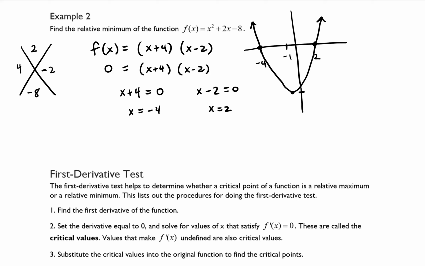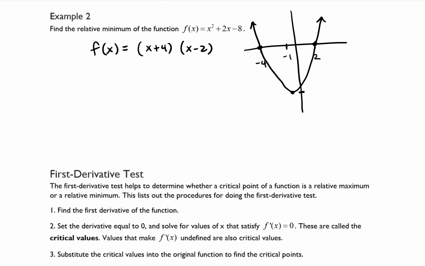Now, how do we figure out this y value? Well, I can just plug in negative 1 into the original function. So let me erase this here. I have my function here. Let me plug in negative 1, and I'll just plug it into the factored form. So I'd have negative 1 plus 4 times negative 1 minus 2. If we simplify that, we'd get 3 times negative 3, and that gives us negative 9.